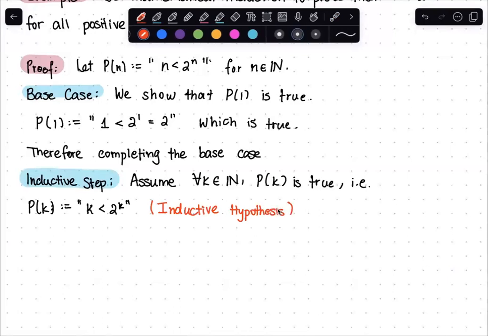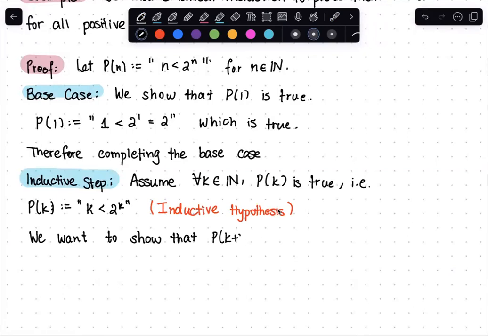Now we have to show that P of k plus 1 is true. What does that mean?